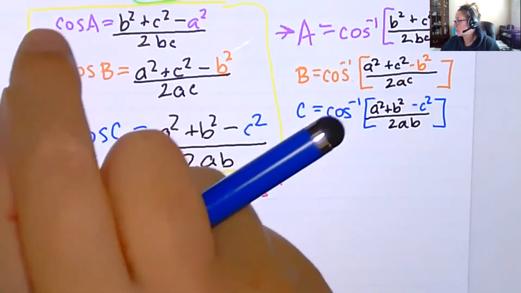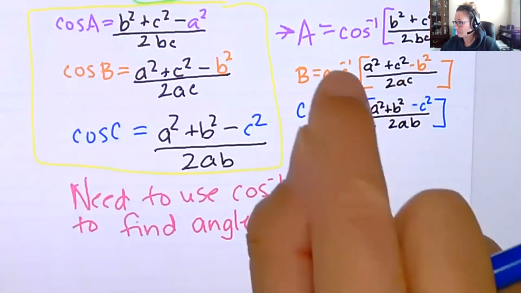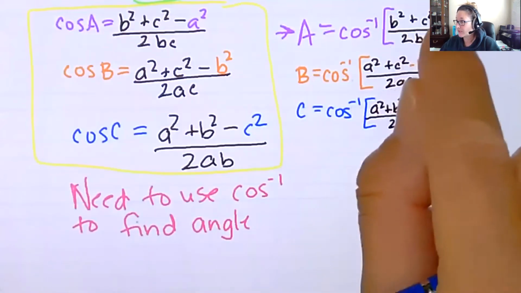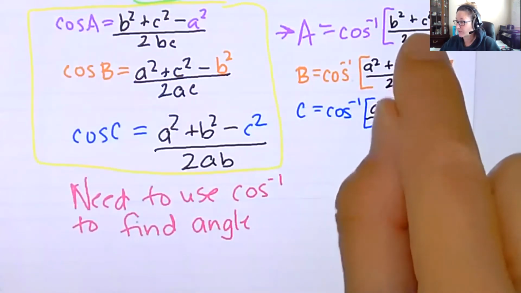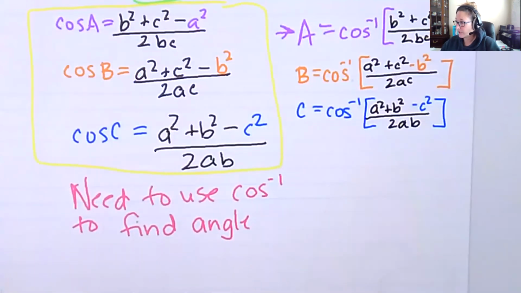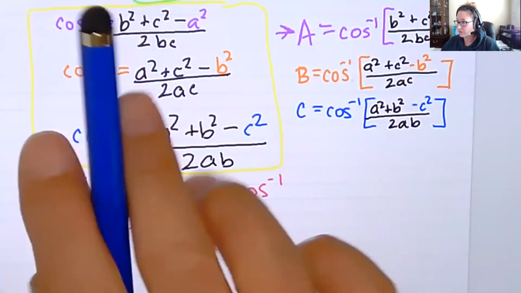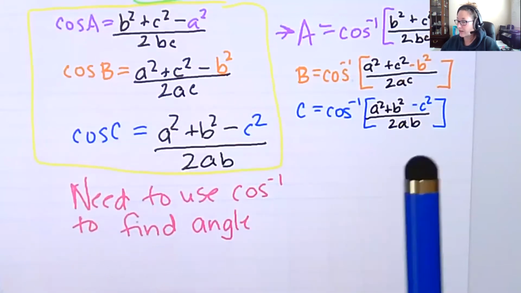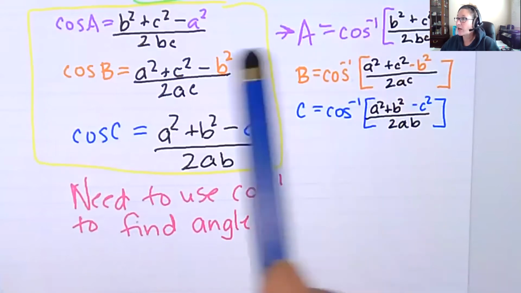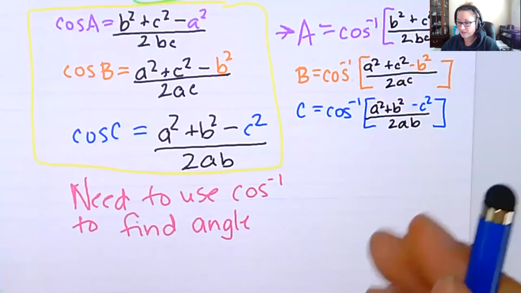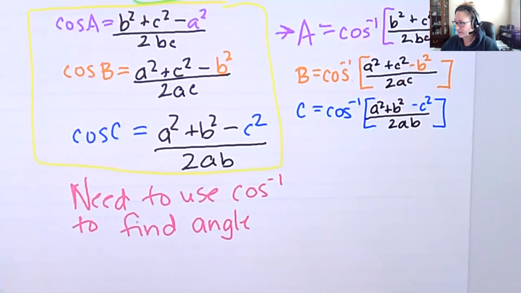So I would take the cosine inverse of this side, which would leave me with A, and I would take the cosine inverse of this side, which would give me this. And I would put that into my calculator. Same idea for B and for C. A lot of times I will compute this, and in my calculator, I will do cosine inverse of this straight into my calculator, so I don't have to be getting decimals and things like that.